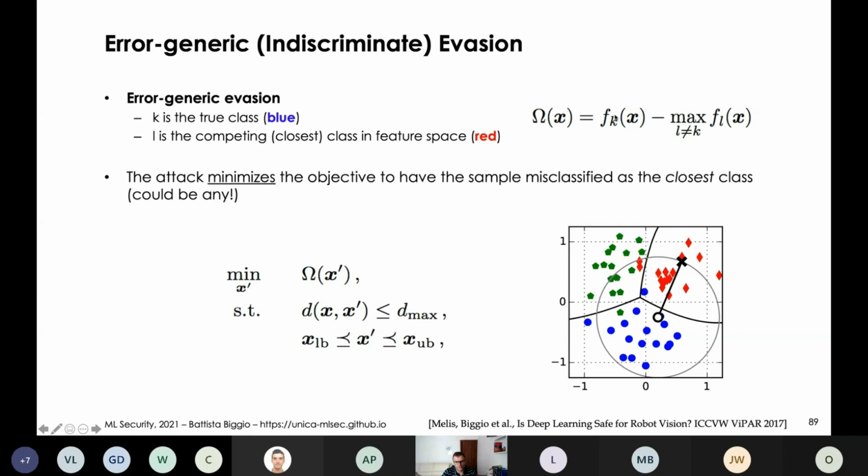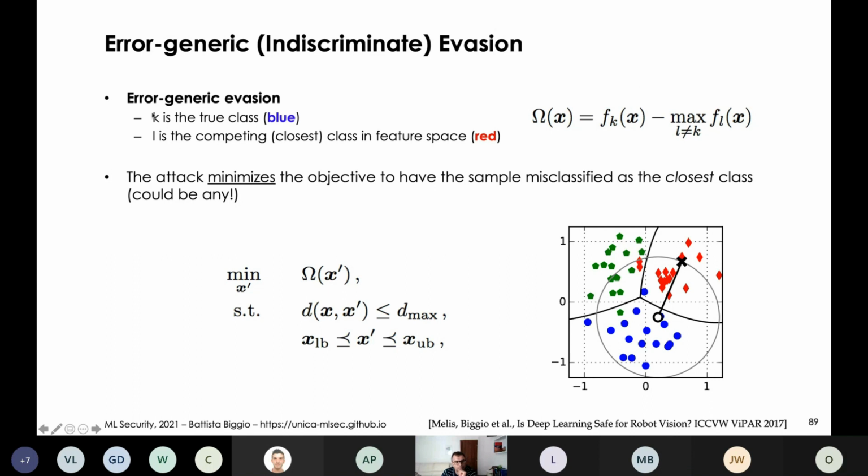So if we go into the formulation of these attacks, it's basically the same that we have seen before. You have the output of the classifier, but then you have this other term here on the right, which is used to specify basically the target. If you now consider indiscriminate evasion attacks or error-generic attacks, this is the objective function. You want to minimize it.